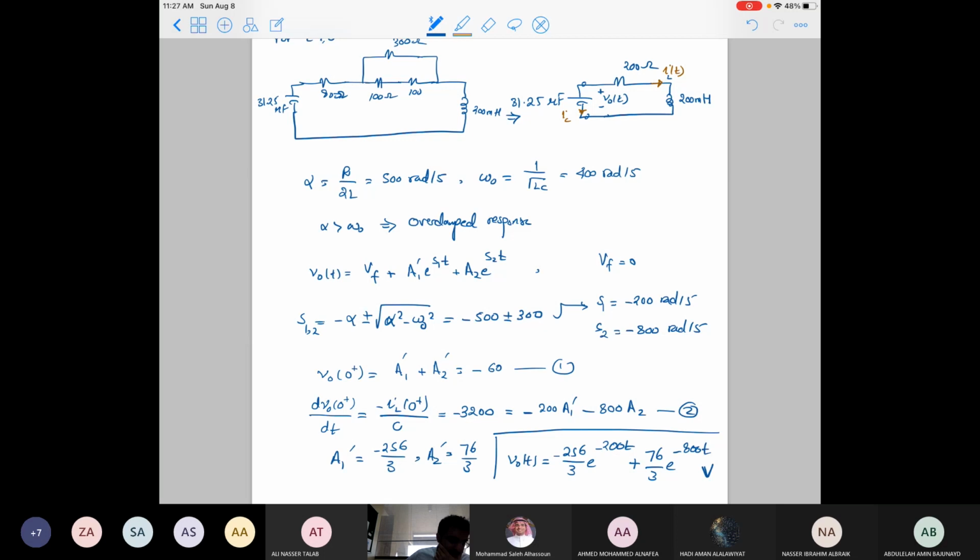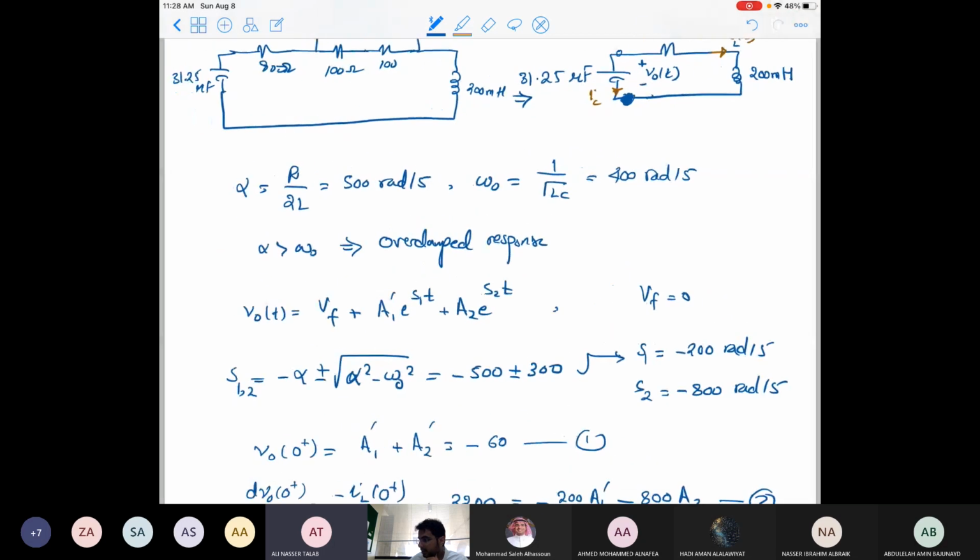Okay. Any question? Doctor, what if we applied KCL on the node that's under the IC in the bottom left corner? Yes, you will get the same.